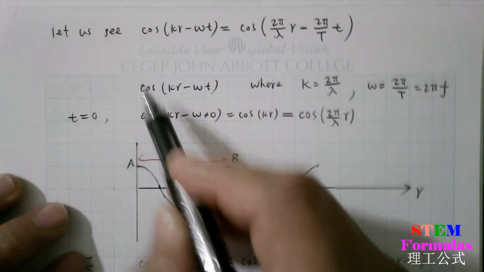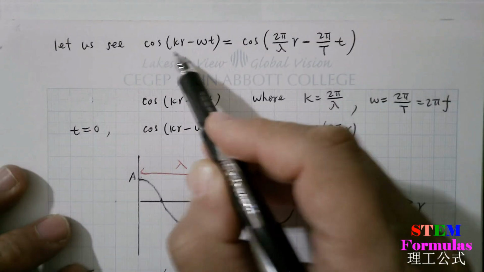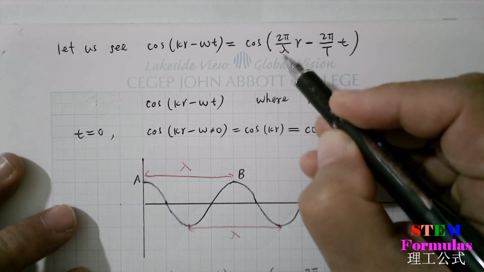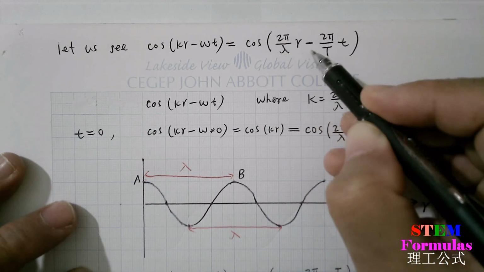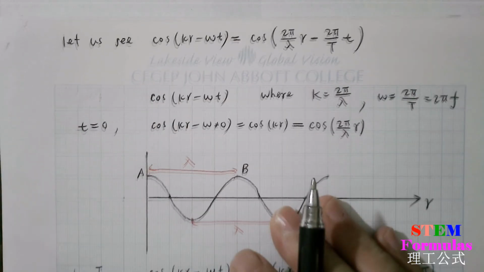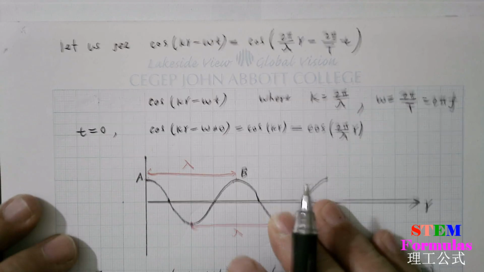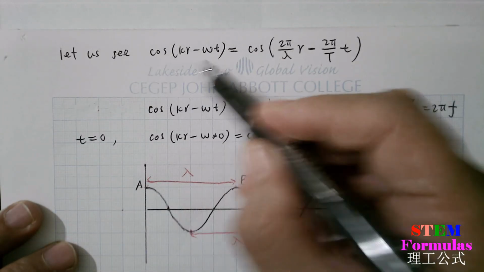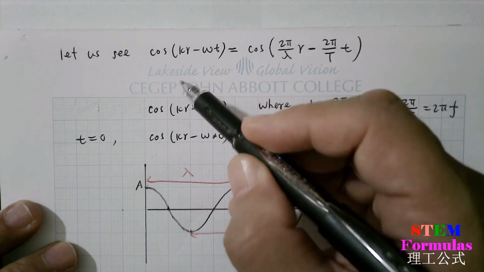Cosine k r minus omega t equals cosine 2 pi divided by lambda times r minus 2 pi divided by period times t. So what we do is we plot this harmonic wave function at different times.